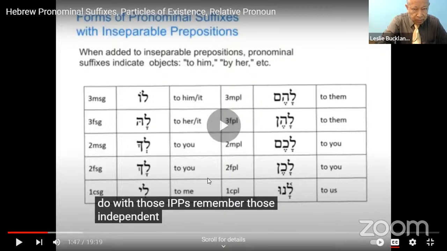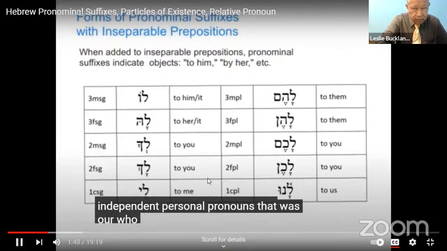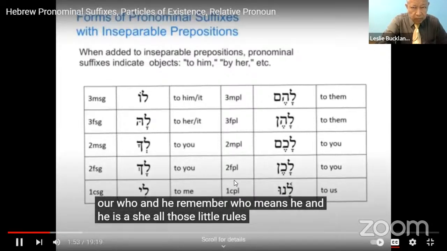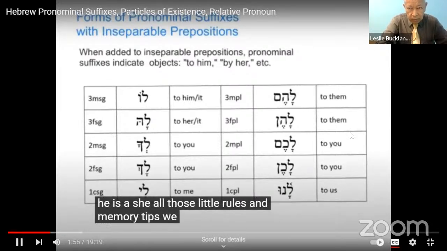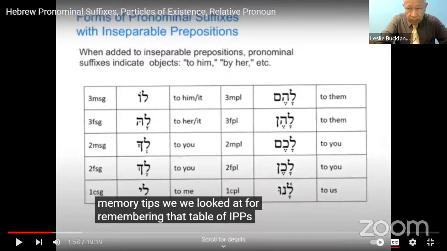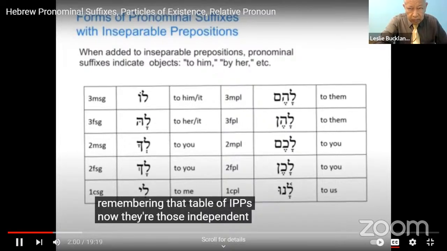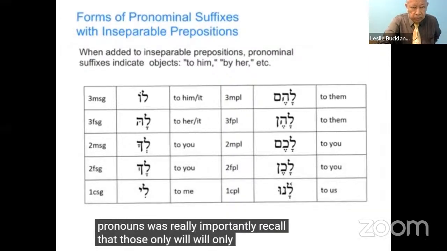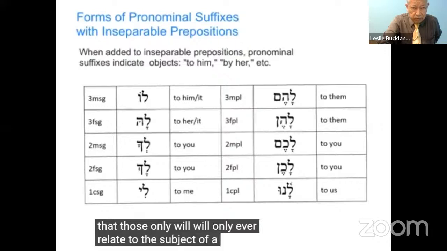Independent personal pronouns. That was our hu and hi. Remember, our hu means he and the hi is a she. All those little rules and memory tips we looked at for remembering that table of independent personal pronouns. Now, it was really important that we recall that those will only ever relate to the subject of a sentence.